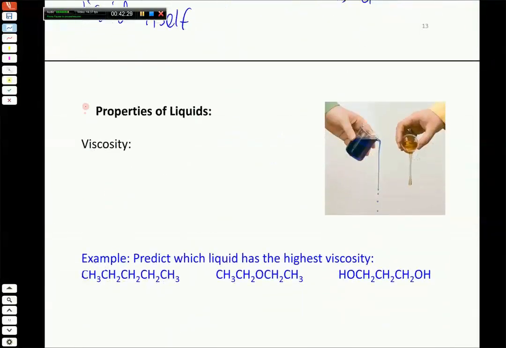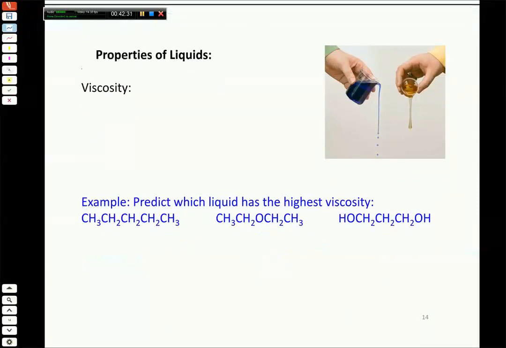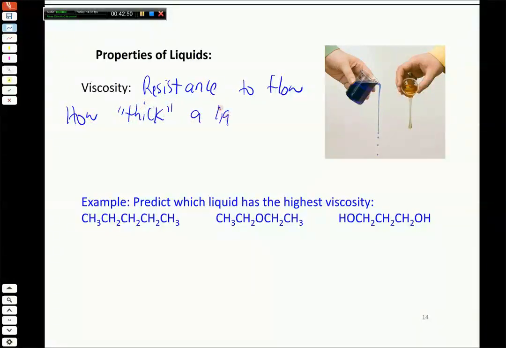One of these is called viscosity. Viscosity is the resistance to flowing. A simple way to think about viscosity is how thick a liquid is. This picture over here on the right sort of shows this.